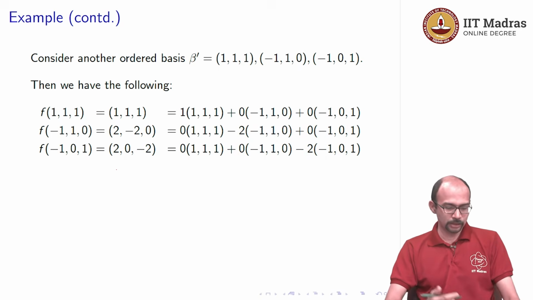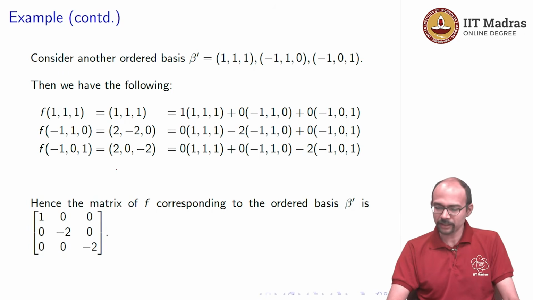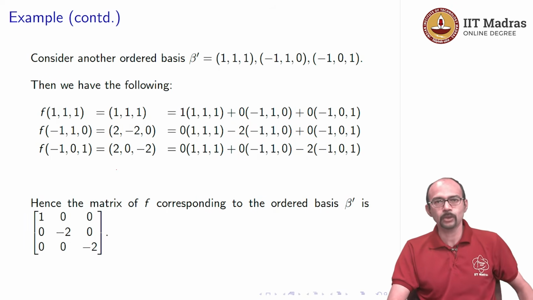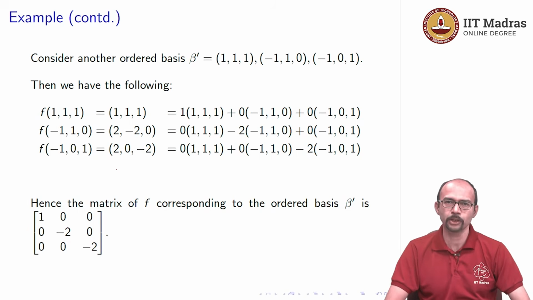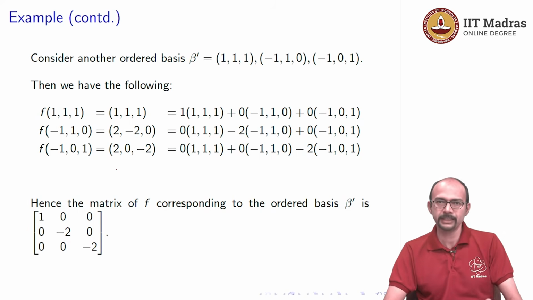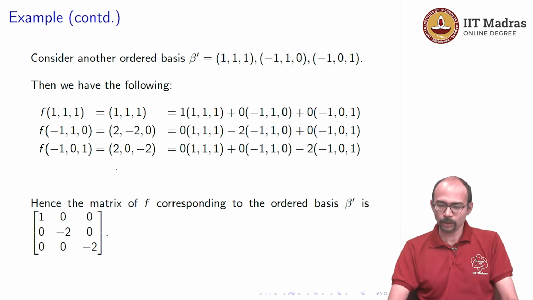Okay. So, the corresponding matrix is a diagonal matrix: 1 0 0, 0 minus 2 0, and 0 0 minus 2. And now, we know that diagonal matrices are particularly easy to understand, right. So, what we see here is that we have the same linear transformation in terms of one basis, the standard ordered basis, and we got a matrix which was not hard, but maybe not so easy.